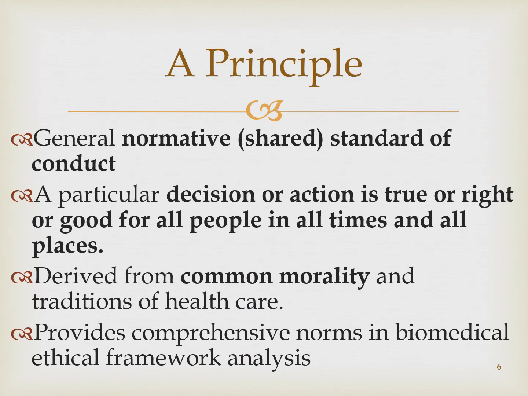All of those could be true or right or good for all people in all times and all places. Trying to do no harm, doing good for people and removing harm, giving a person their autonomy, and justice for everyone could be good for all people in all times and all places. That's what a principle is.